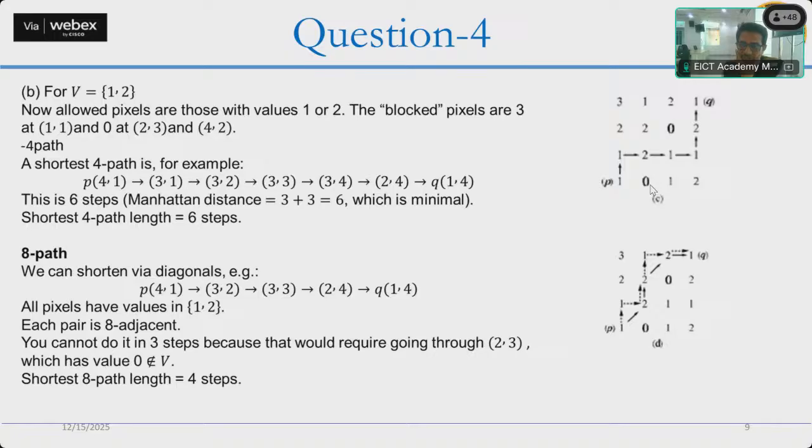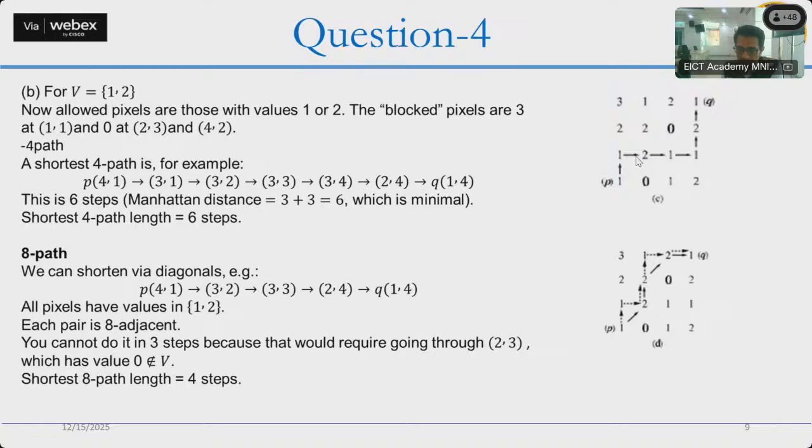But I have one question. Shortest 4-path, how is it 4? Alternatively, you need to go through it. For 4-paths it is very simple to calculate: 3, 4, 5, 6.